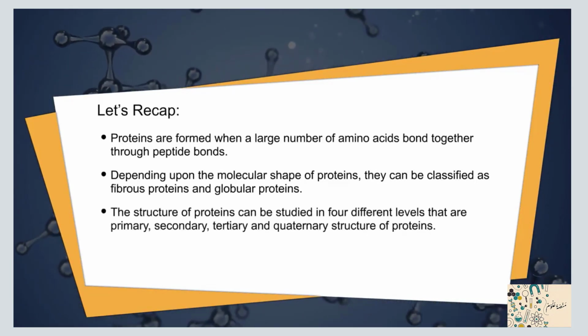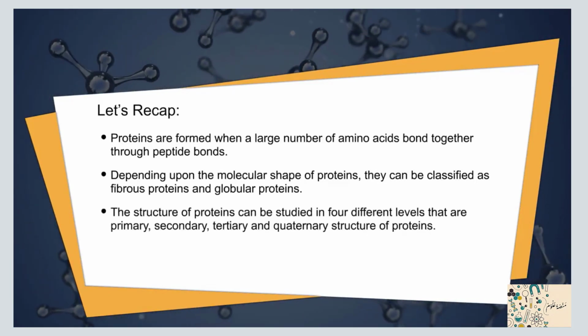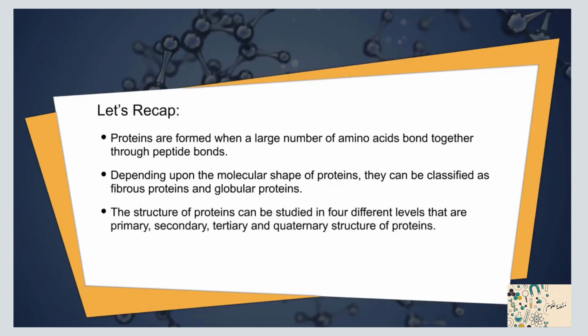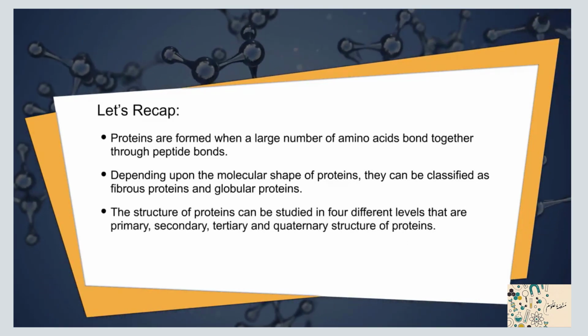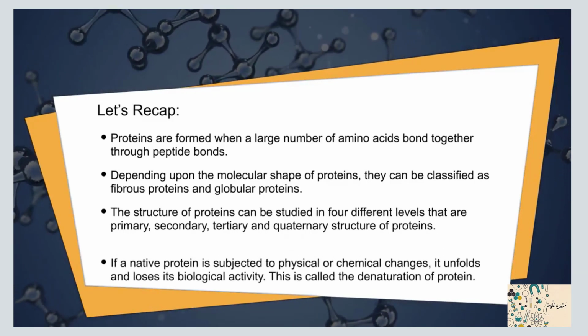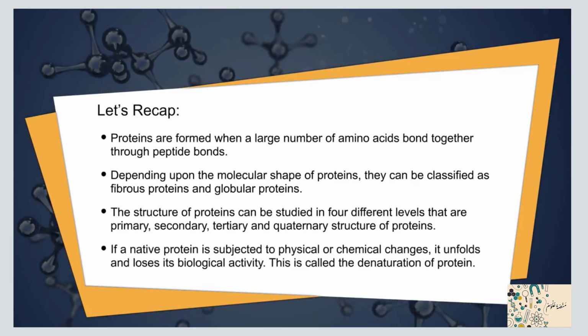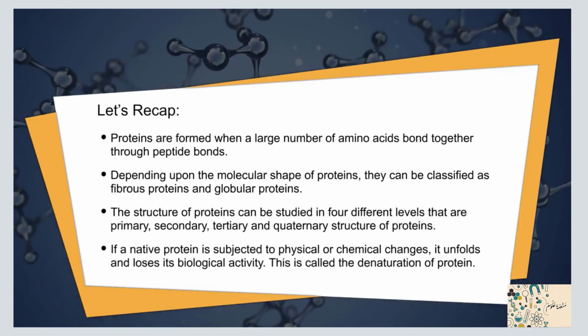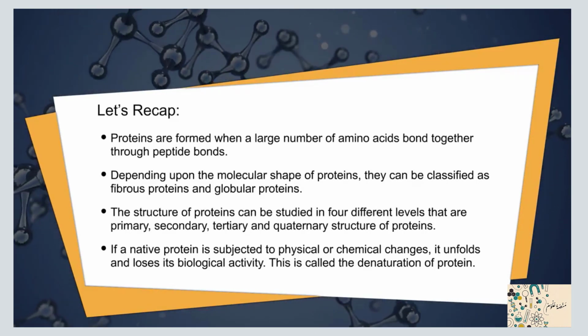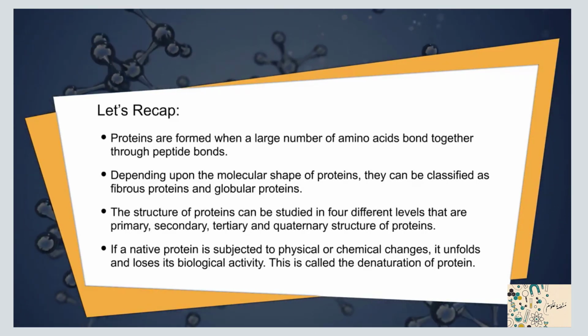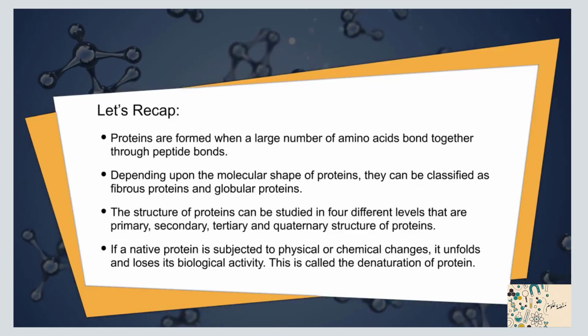The structure of proteins can be studied in 4 different levels, that are primary, secondary, tertiary, and quaternary structure of proteins. If a native protein is subjected to physical or chemical changes, it unfolds and loses its biological activity. This is called the denaturation of protein.